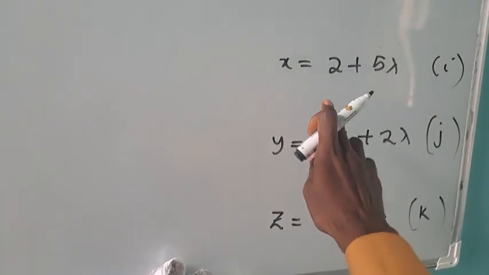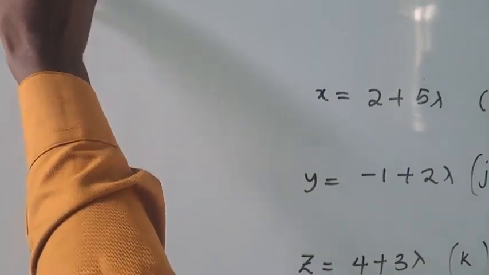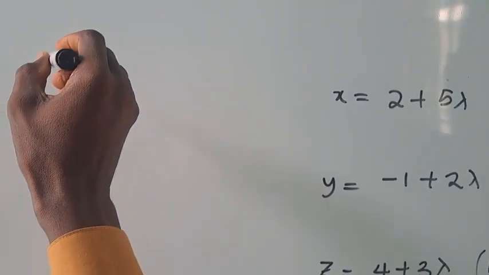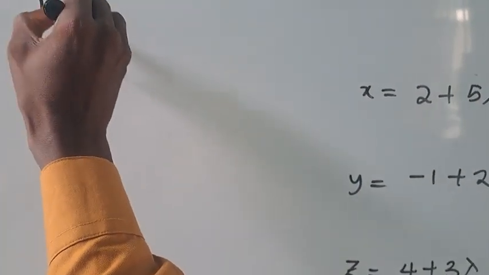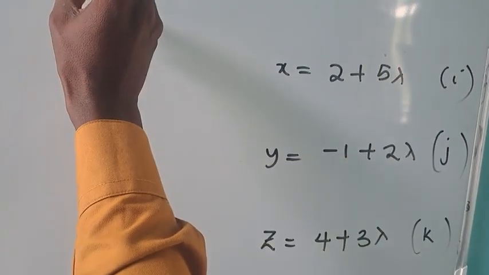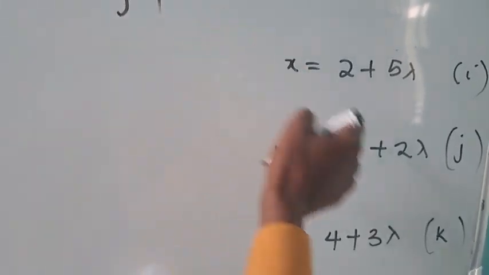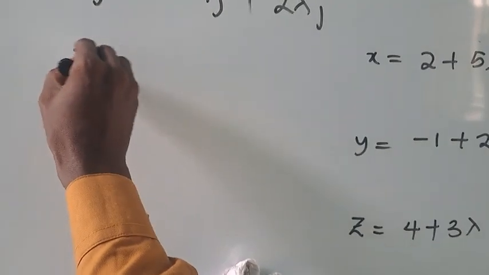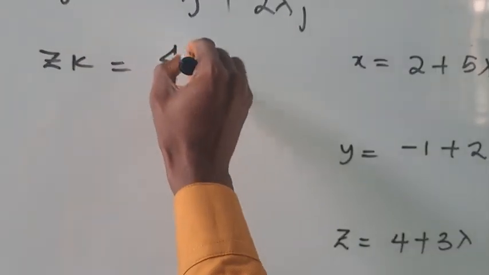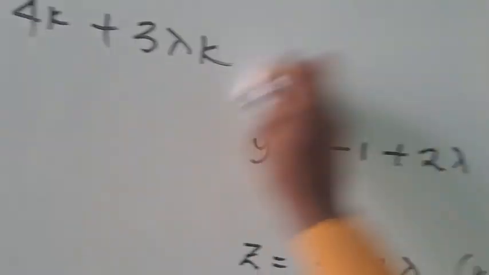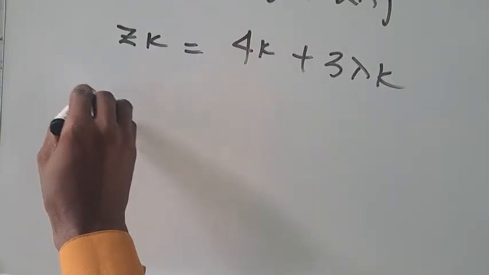We now have xi will be 2i plus 5 lambda i, yj will be minus 1j plus 2 lambda j, and zk will be 4k plus 3 lambda k. Now what we do is sum them together.